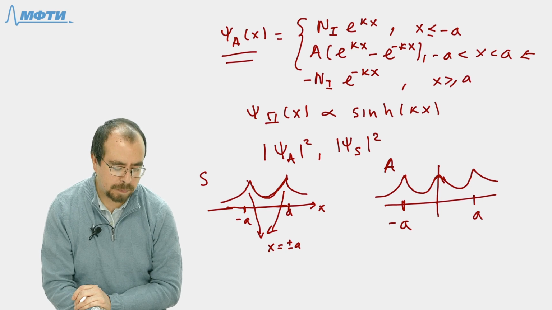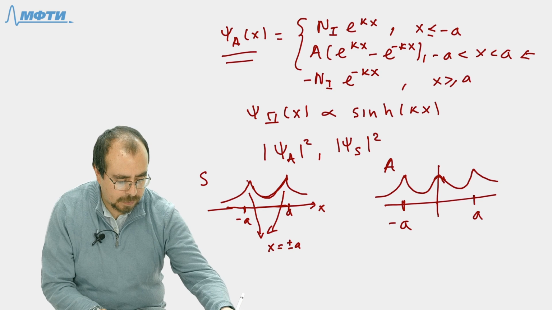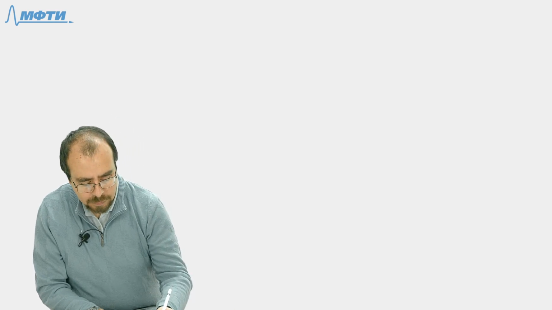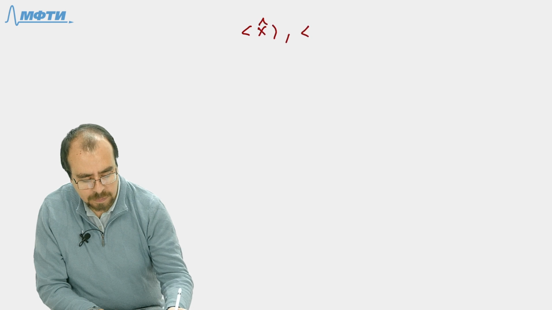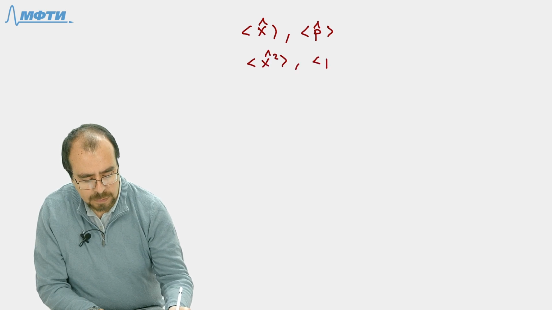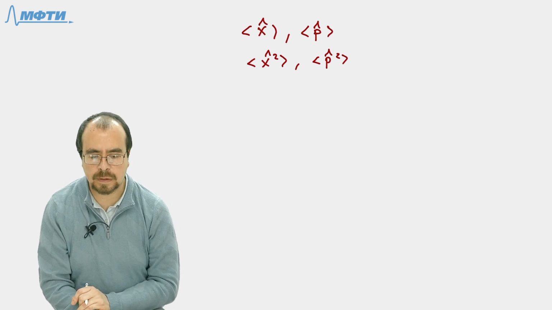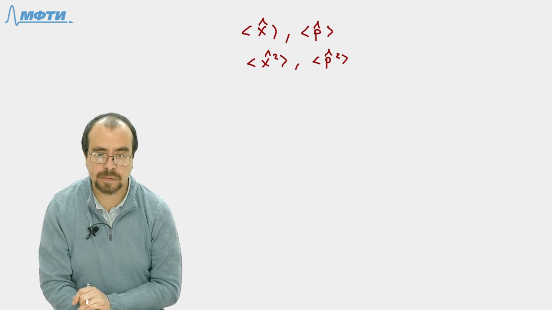Okay, so in principle, as an exercise, which is a little bit more tricky because you need to be more careful, try to check the expressions for the mean values of x, p, x squared, and p squared, and see how the symmetry and antisymmetry affect the results.